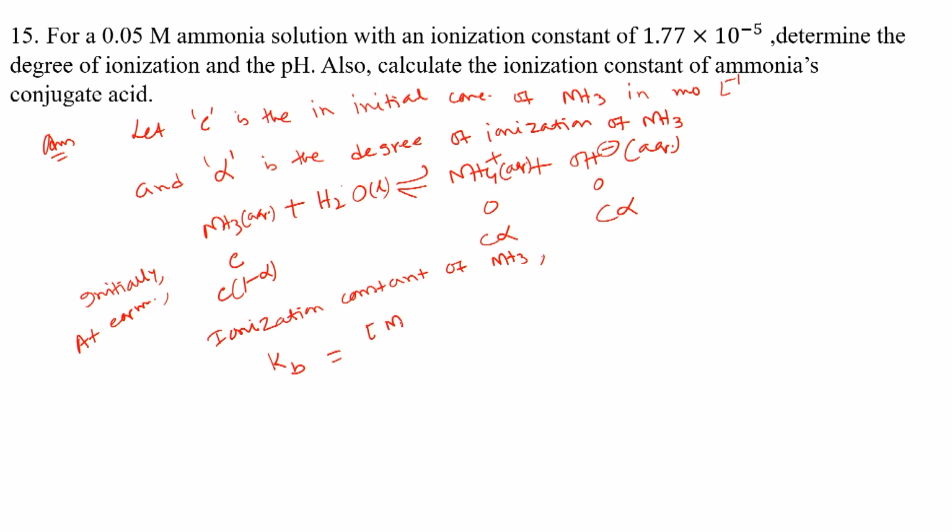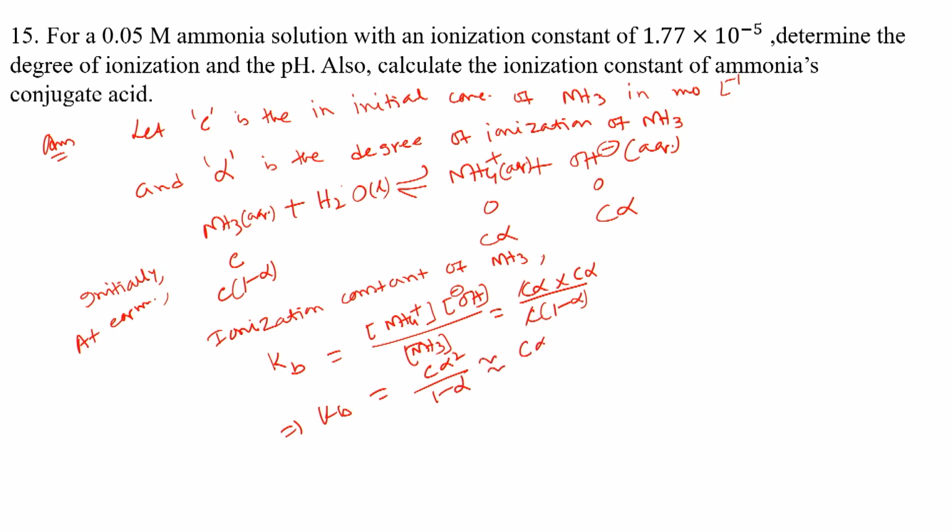Kb is the concentration of NH4 plus times the concentration of OH minus divided by the concentration of NH3. So we write C alpha times C alpha divided by C times 1 minus alpha. So Kb is C alpha square by 1 minus alpha. Like before, when alpha is very very small compared to 1, we write 1 minus alpha as 1.